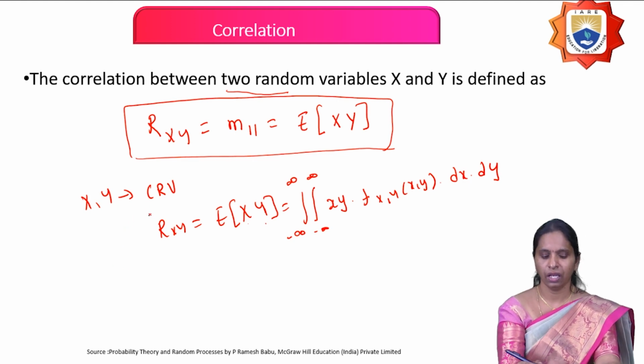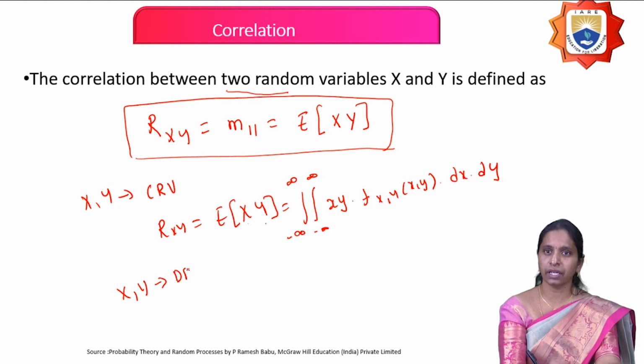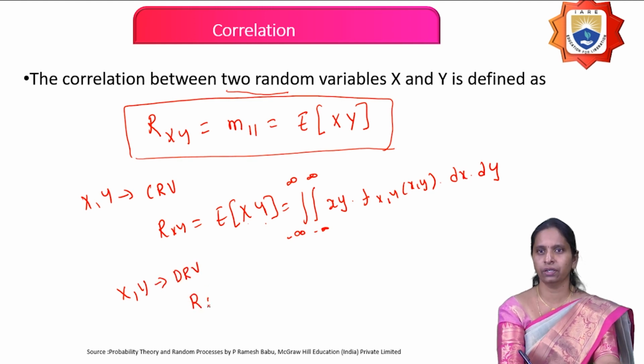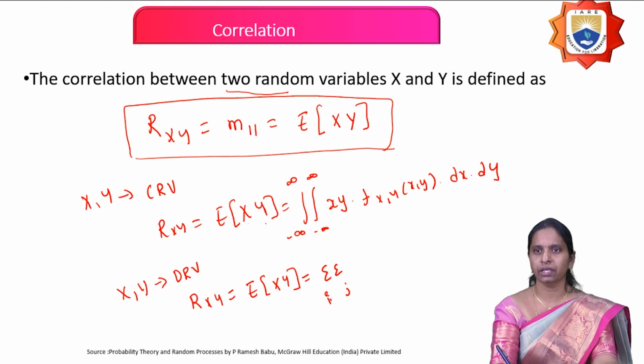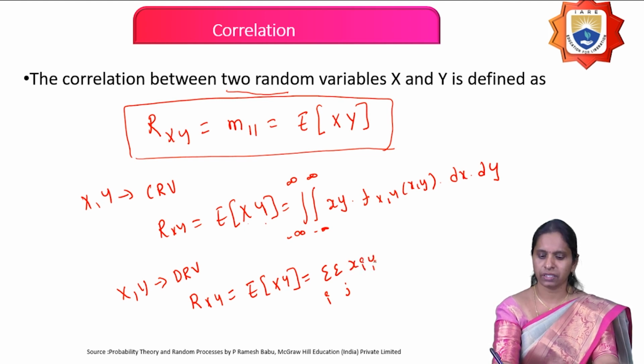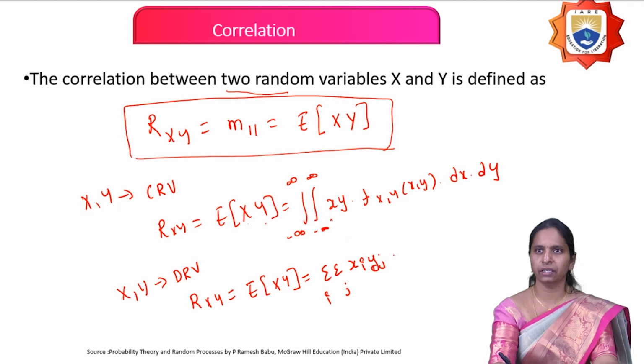This is for continuous random variables. Similarly, if x and y are discrete random variables, the correlation between these two random variables is the expectation of xy, equal to sigma over i and j, with i from minus infinity to infinity and j also from minus infinity to infinity, of xi into yj. Here x and y are discrete variables with discrete values.